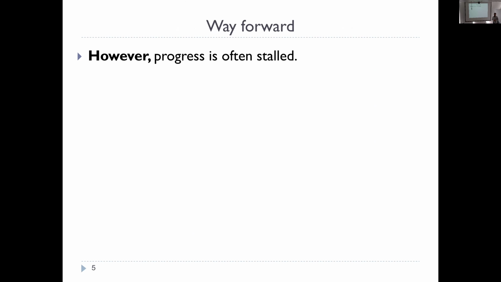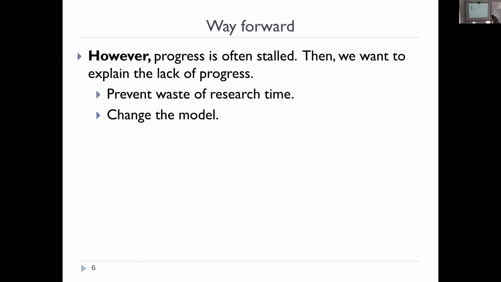And the issue is that progress is stalled in many of those problems, right? We try to make progress, and then we would like to know why. We'd like to explain that lack of progress with many of those problems, and I can list a couple of reasons.